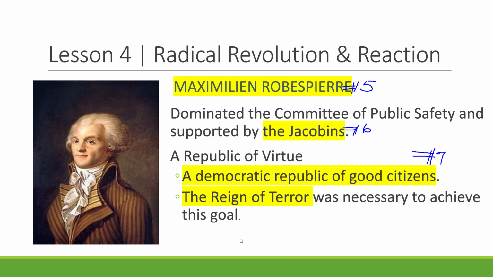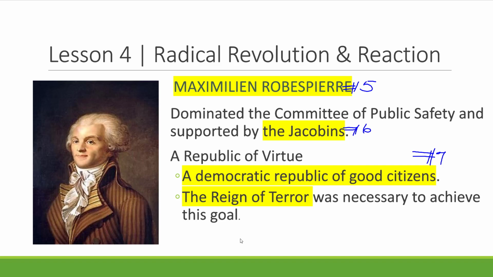And if they didn't fit that perspective of a good French citizen in his eyes, then he thought that using the methods of the Reign of Terror was necessary in order to rid France of the people who were not good citizens. So hopefully you understand the kind of thing that was happening here with Robespierre.